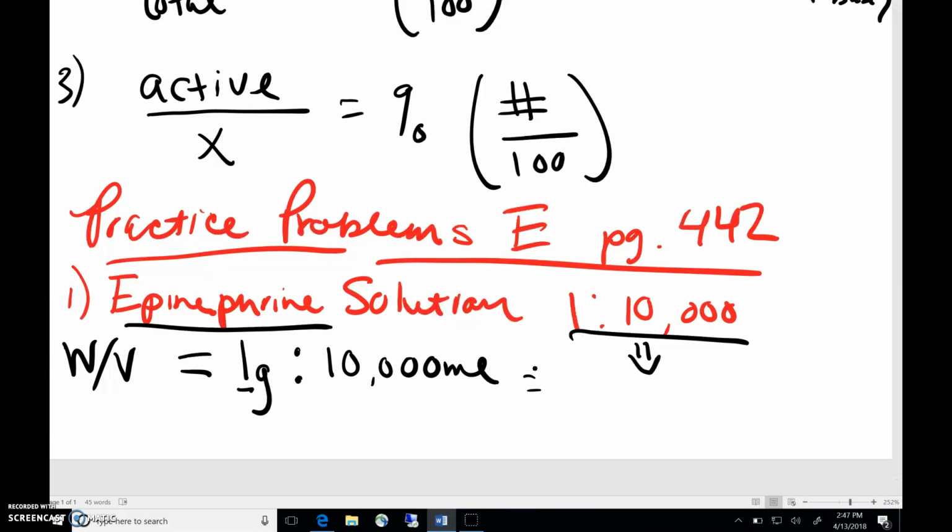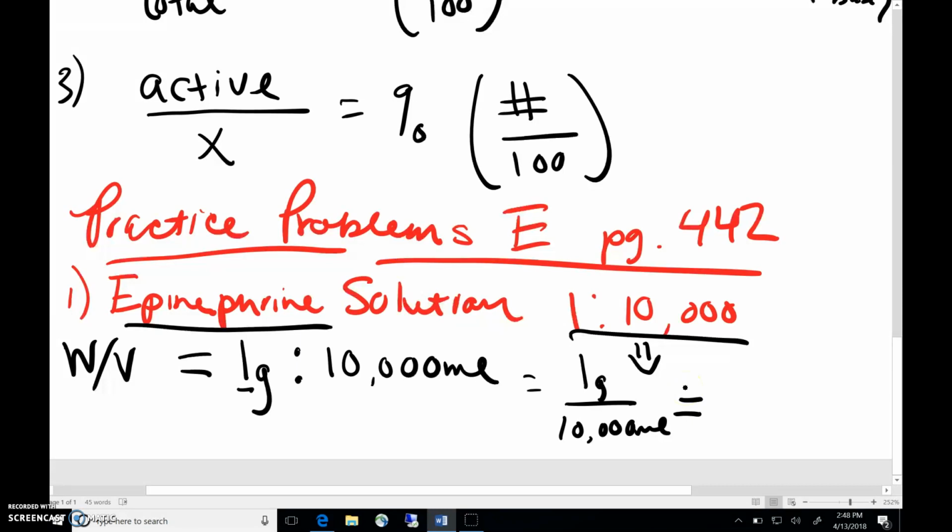So in order to change this to 100 milliliters, you've got to just divide it out, where you take 1 gram to 10,000 milliliters, and it will read 0.01 gram to 100 milliliters.